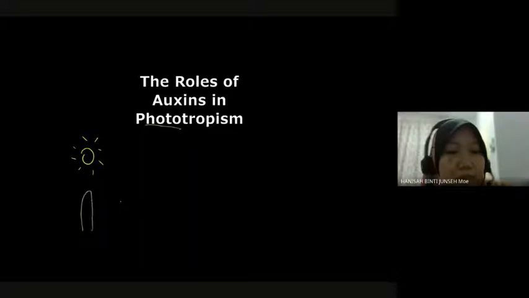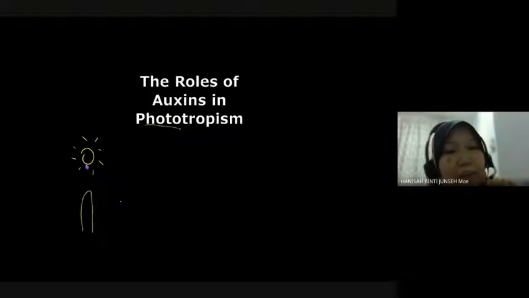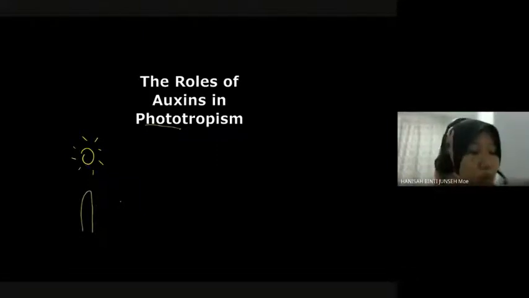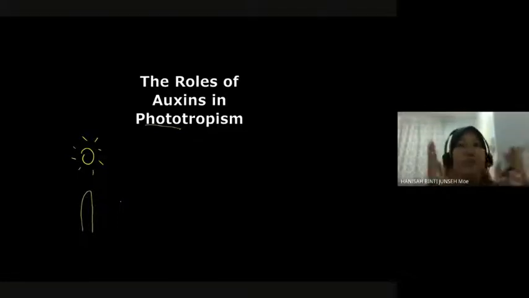So, whenever the plant is exposed to light from all directions. Okay, sekarang ni dia expose from all directions, meaning the whole plant is exposed to light. Okay.